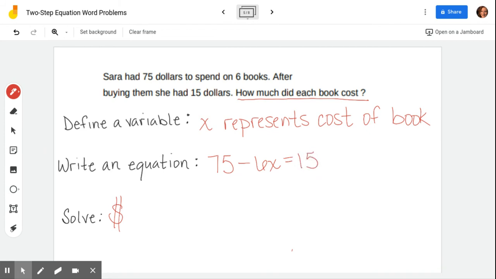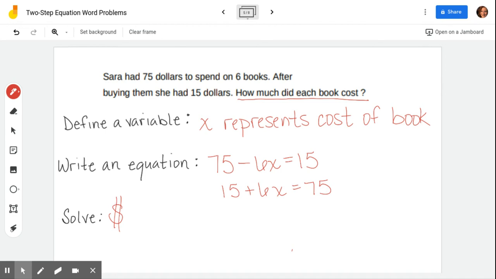If you are leery about writing a subtraction problem, I don't see anything wrong with doing it in the reverse order. If we work backwards, she had her 15 plus 6 times the book cost, and that would total her original $75.